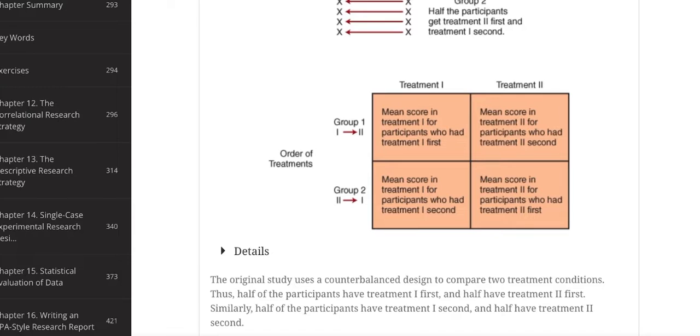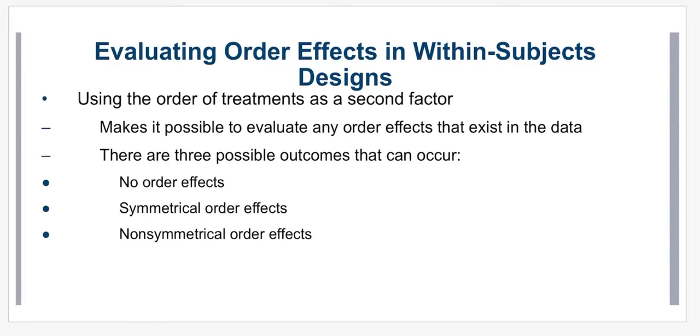So what that looks like, going back to our slide, it says there's 3 possible outcomes that can occur from this. And the first one is that there's no order effects, right?